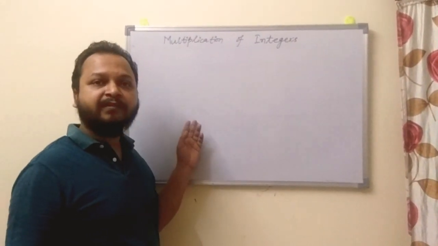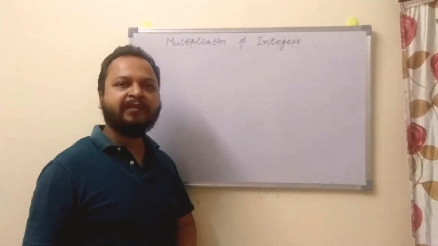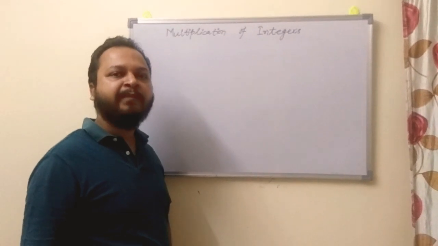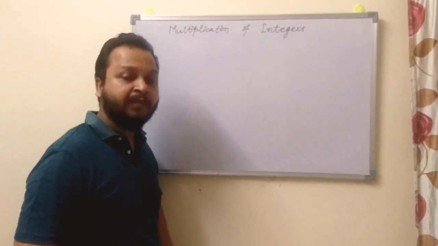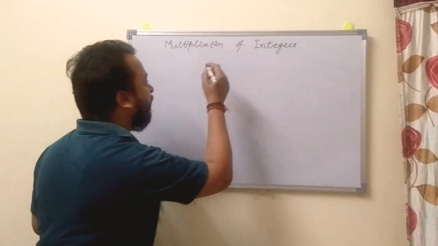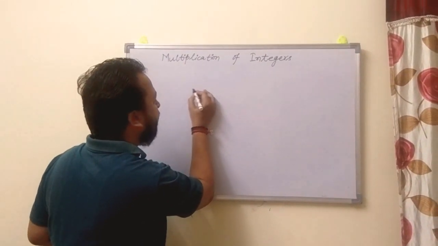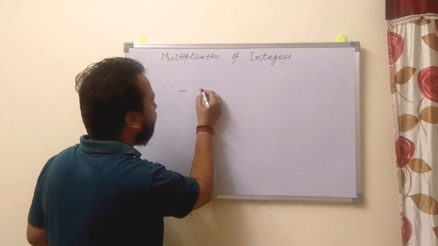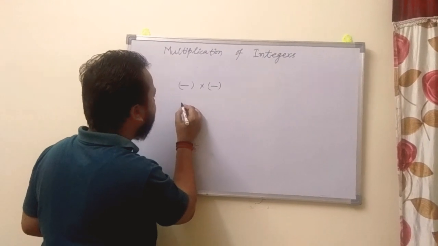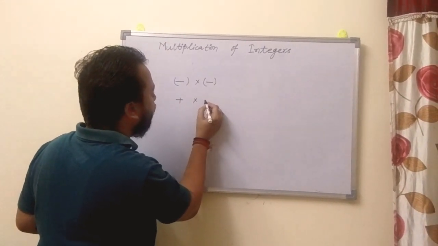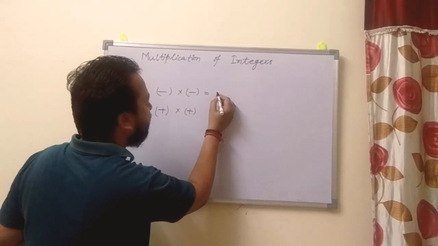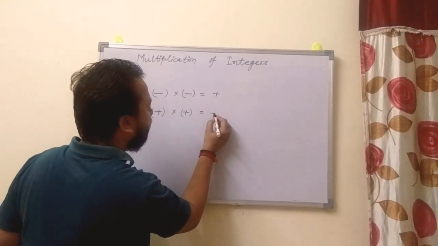We have covered in the integers topic the addition and subtraction. Now the next topic is multiplication of integers. Before that, we'll discuss some basics. If we multiply minus to a minus, or we multiply plus to plus, we'll get the result as plus.